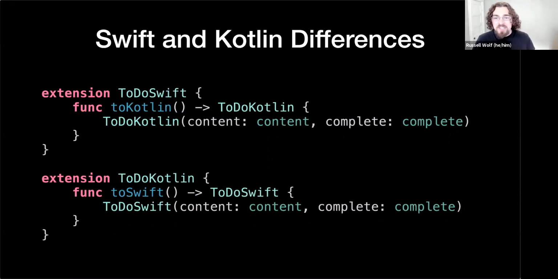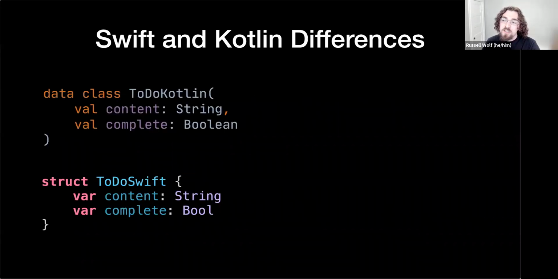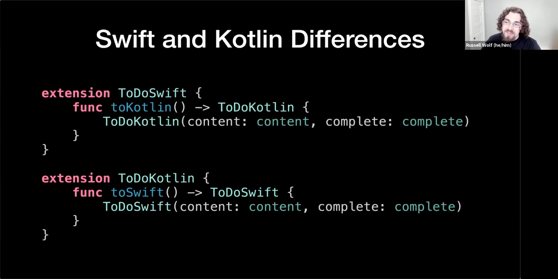And you can work around this by adding some extensions in your Swift code. You could have your Kotlin version manually define a Swift version that has the same information in it, and then define these extensions to convert between them.